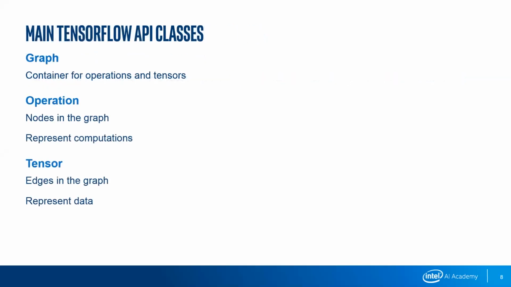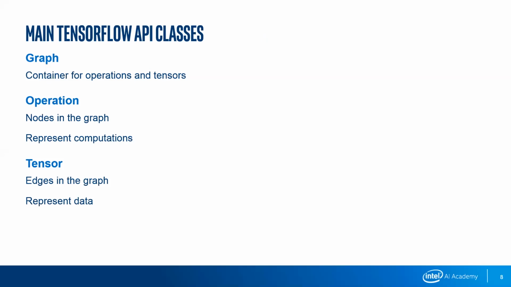Okay, for folks who do not know too much about TensorFlow, it's essentially based on three underlying classes, but there are a whole bunch of other classes which I'm not going to cover. For our purpose today, we'll focus on these three. Remember when I started this talk, I mentioned that this is a data flow architecture.